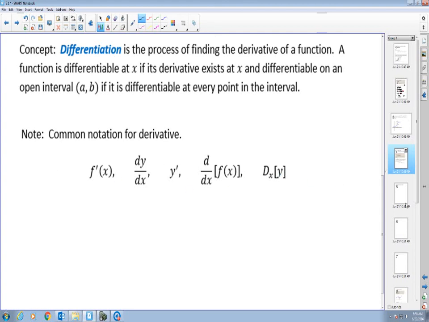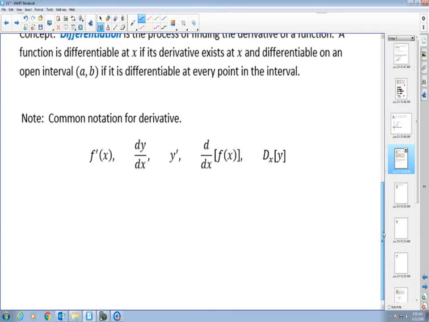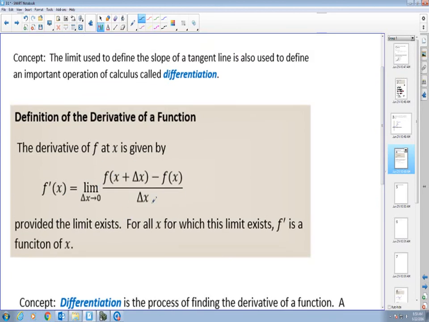These are just common notations that we use in calculus classes. Finding the derivative of a function is the same thing as the limiting process of finding the slopes of a tangent line. It's exactly the same thing.